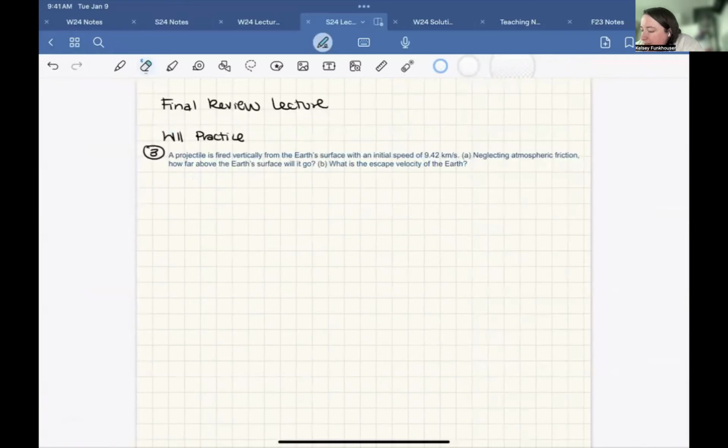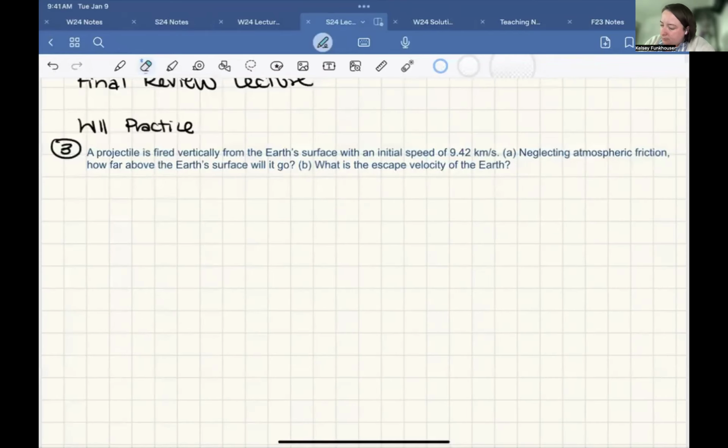If we neglect atmospheric friction, how far above the Earth's surface will it go? And then again, I added a part. What is the escape velocity of the Earth also? So we can kind of compare that to this initial velocity. So part A, height.